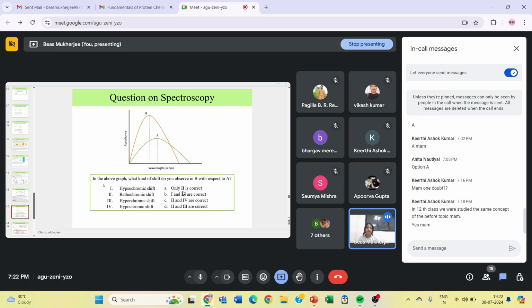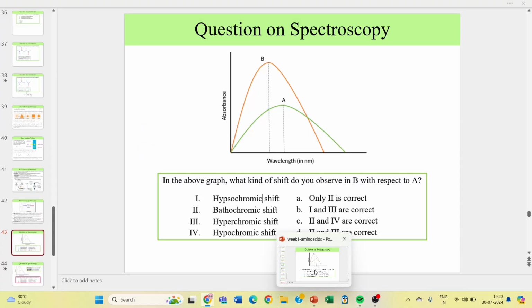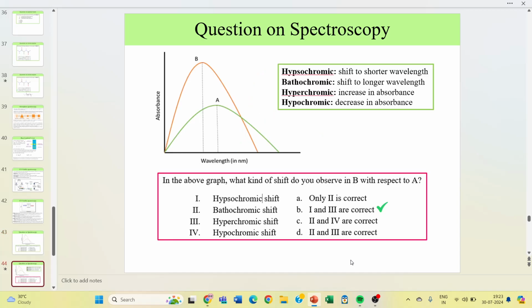Blue shift is your hypsochromic shift. And if it is absorbing more, that means it is hyperchromic shift. So the right answer would be 1 and 3, which is hypsochromic and hyperchromic both.